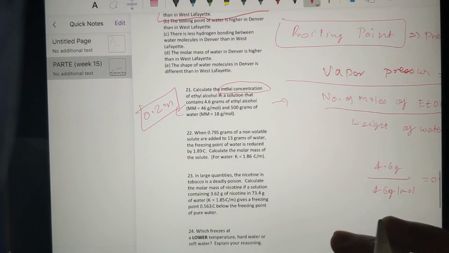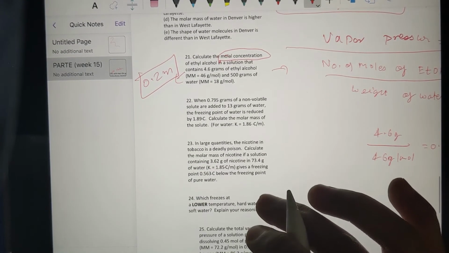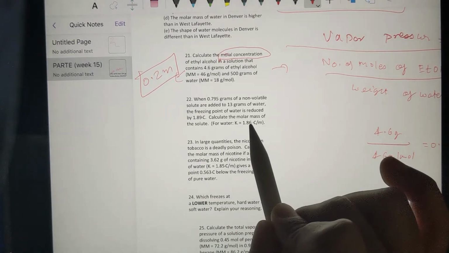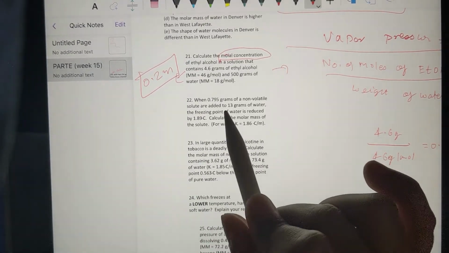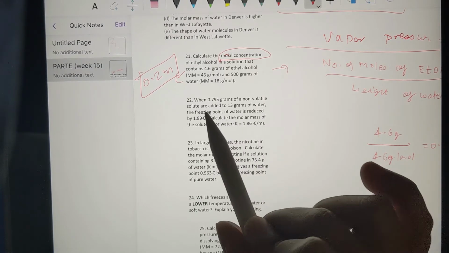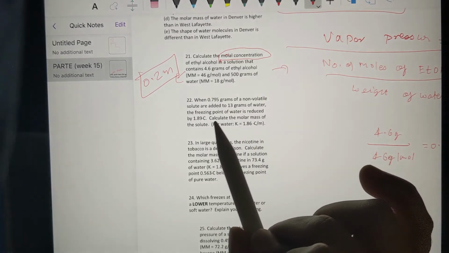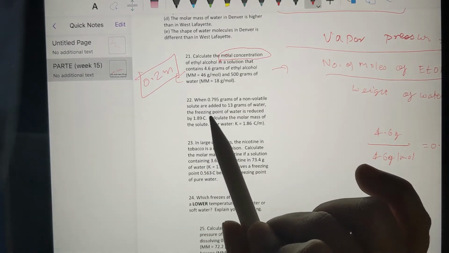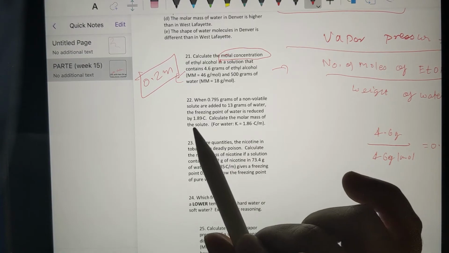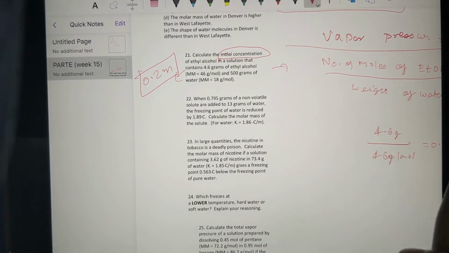Okay, this one, next question is about the depression of freezing point. You have been given the weight of your solute and the weight of solvent, and then how much change in the freezing point is occurring, and you need to calculate the molar mass of your solute from here.